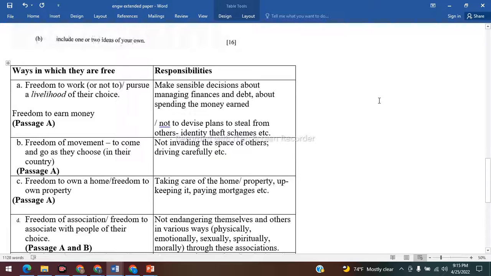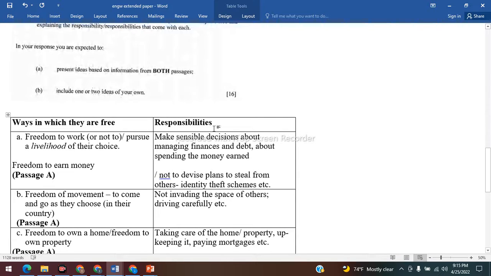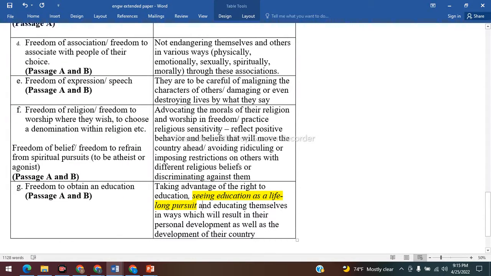So look how much we could get from those two passages, right? That's why you always write a plan. You always write a plan because you want to make sure that your mind is ready, because if you have this plan, by the time you write your essay, you should be good.